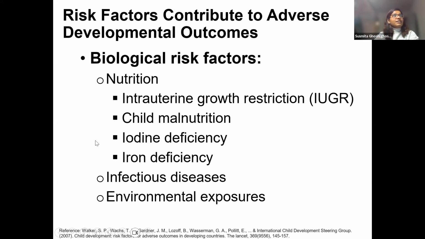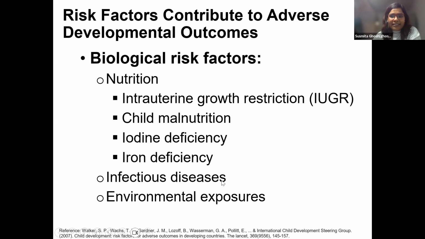These biological risk factors, such as child malnutrition, can influence development by affecting a child's behavior, for example causing the child to fuss more or play less, or by directly altering brain development and function. So we can say these biological risk factors can directly or indirectly affect the child's development.